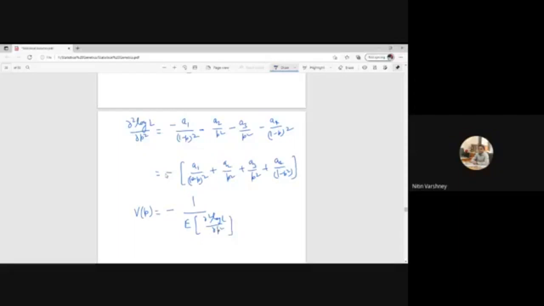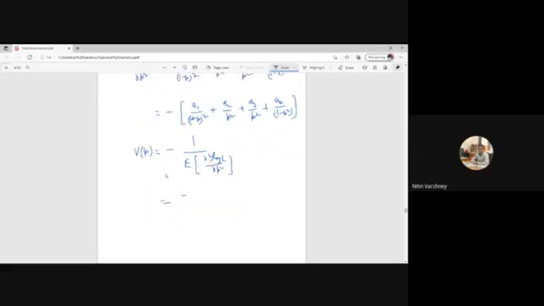So I'll put the value: 1 upon expected value of minus, so this minus will cancel out, and this will be a1 upon 1 minus p square plus a2 upon p square plus a3 upon p square plus a4 upon 1 minus p whole square.